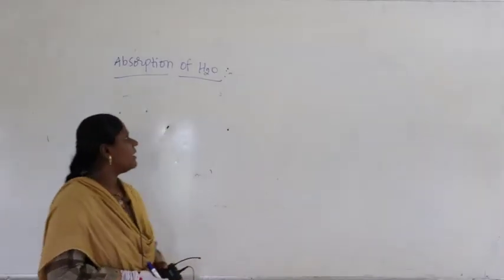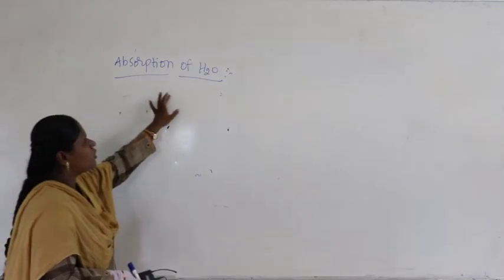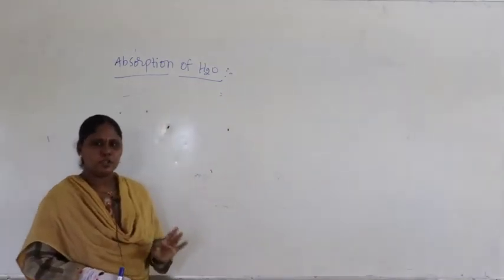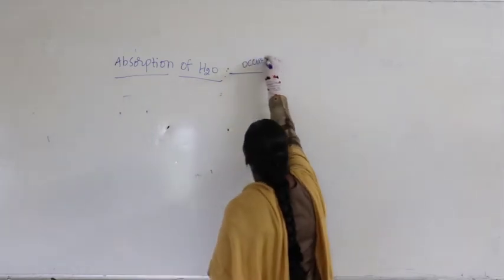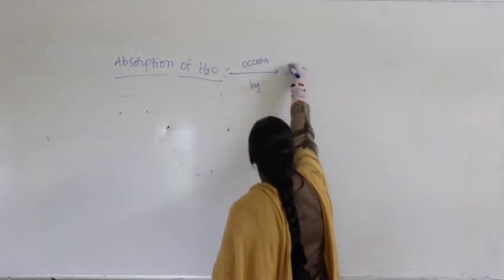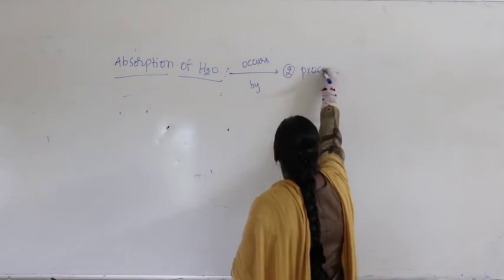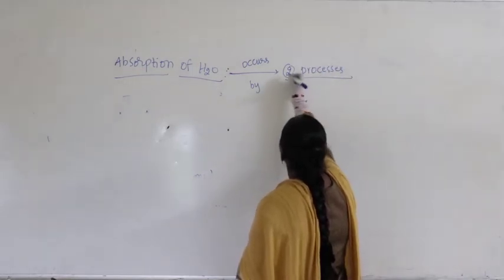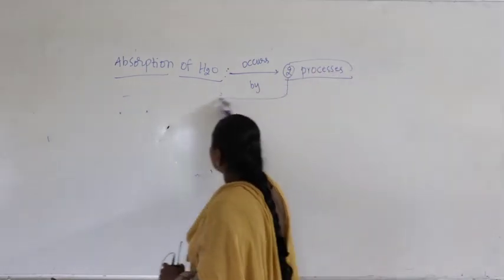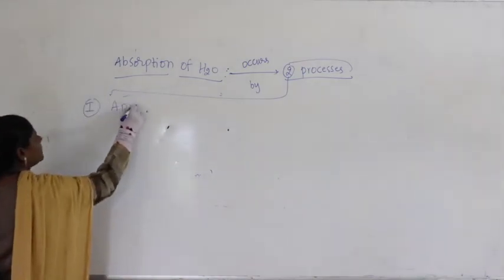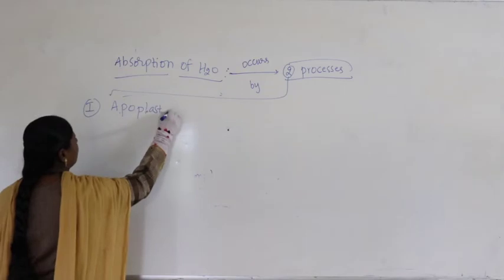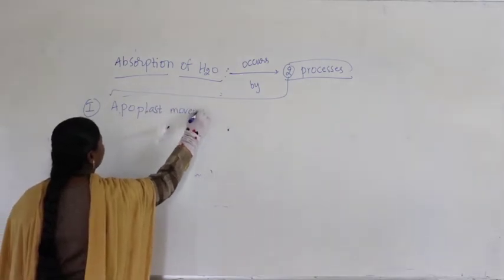Now let us continue with what is called absorption of water. How will absorption of water occur? Absorption of water occurs by two processes. What are they? The first one is called the apoplast pathway, or apoplast movement.